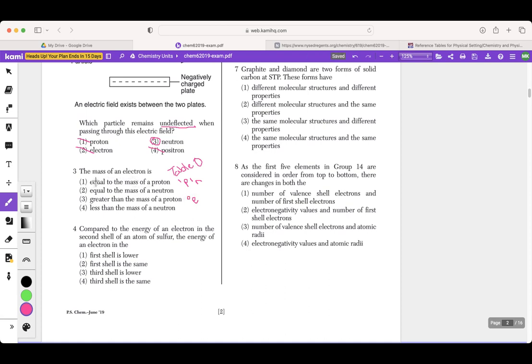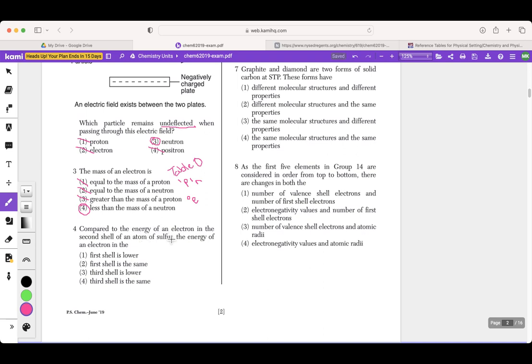So the mass of an electron equal to the mass of a proton? Well, that can't be true because it's 0. Equal to the mass of a neutron, again, cannot be that choice. Greater than the mass of a proton, well, that's impossible. 0 is not bigger than 1. So therefore, we're left with choice 4. Electrons are less than the mass of a neutron.